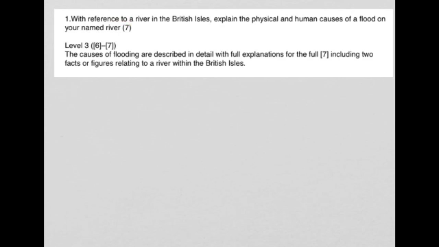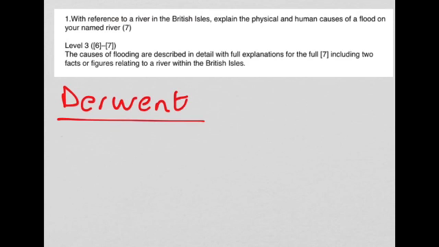So obviously the first thing that we want to say in our answer is that we are talking about the River Derwent. So I would put in some sort of introductory sentence to say that the river I have studied is the River Derwent. It flooded in March 1999 and can be found in Yorkshire. So that sort of statement plus introductory or background information, just one sentence.